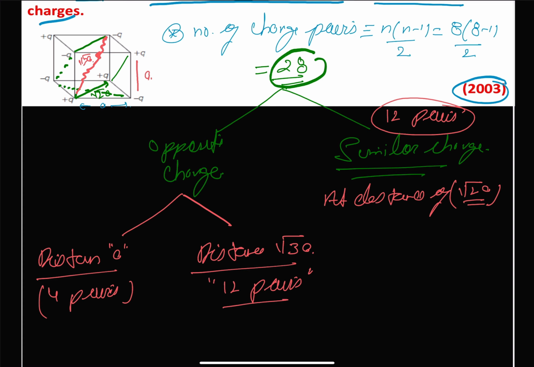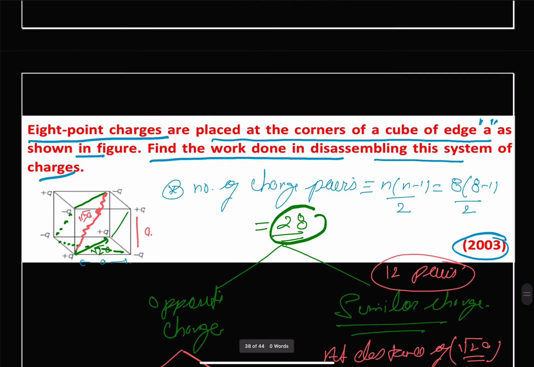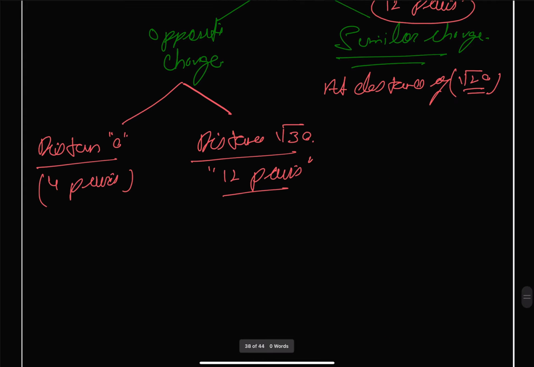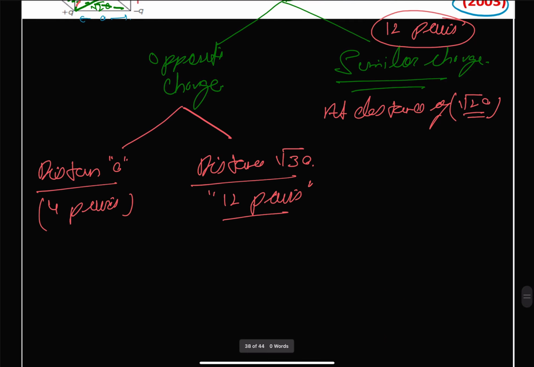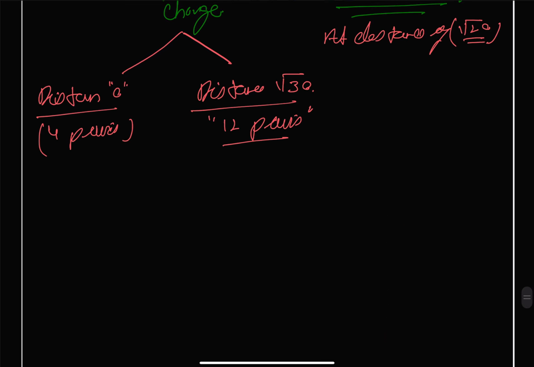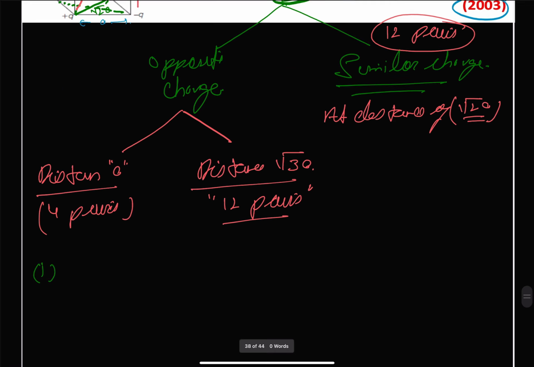Here we are only interested in pairs because we have to find out the work done, or basically the energy, and energy is always with respect to two charges, whether they are the same or different. So let us sort it out. Let's do the opposite charges first.